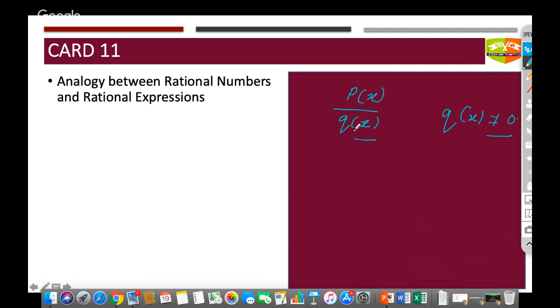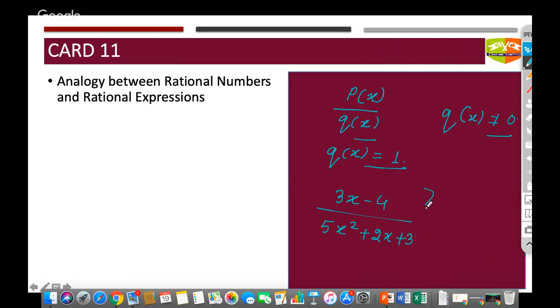Now this p(x) by q(x) need not be a polynomial in the denominator; you can say that q(x) can be equal to 1 also here. Take an example here. Suppose I have (3x minus 4) divided by (5x square plus 2x plus 3).